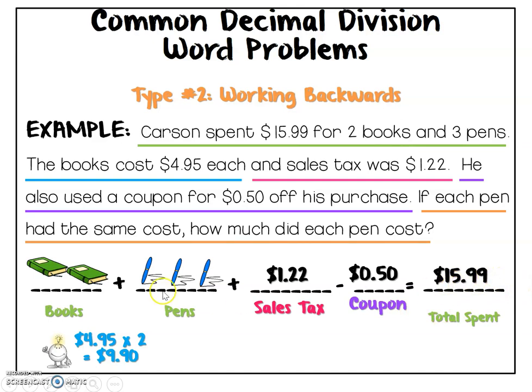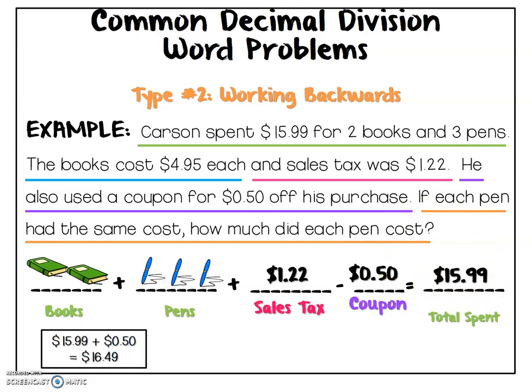So that means building up from the left to the right means I add the books, I add the pens, I add the sales tax, and I subtract the coupon. When I work backwards, I need to do the opposite. So the first thing I need to do is take that $15.99 and add the coupon back in.